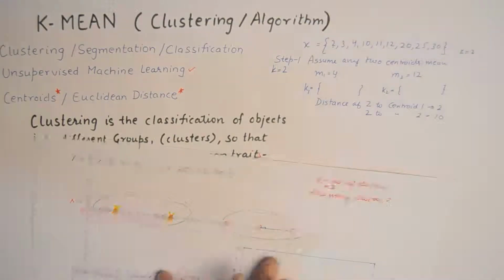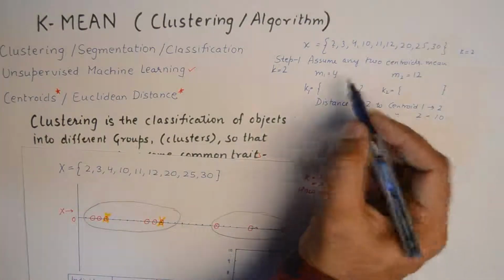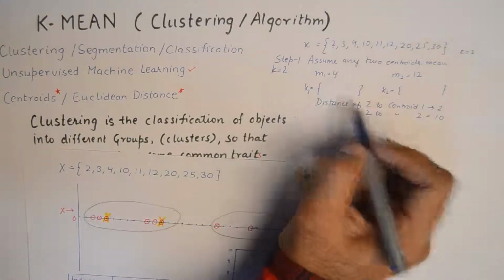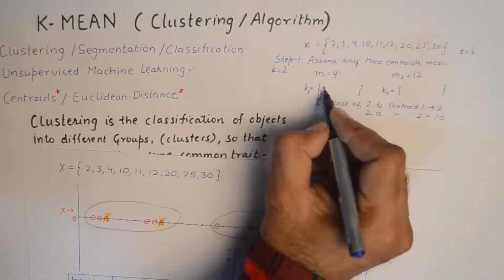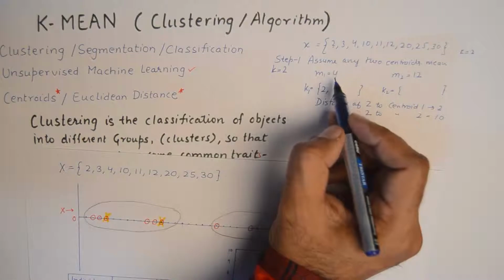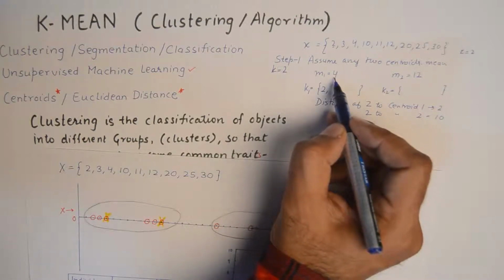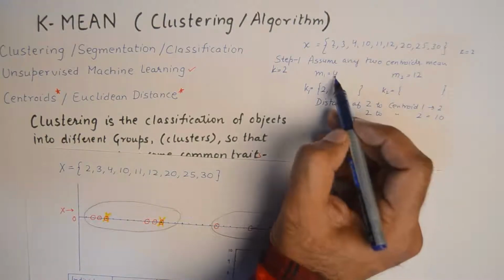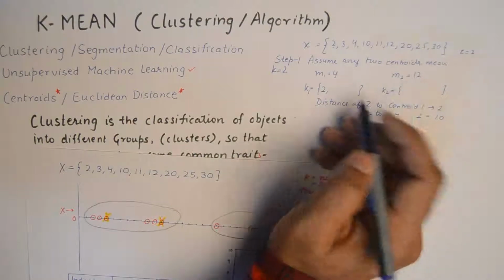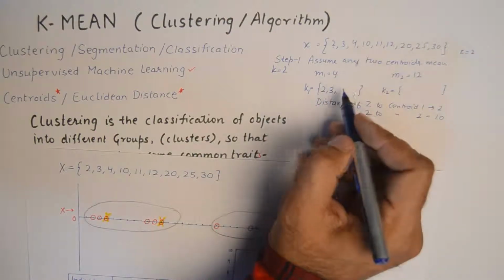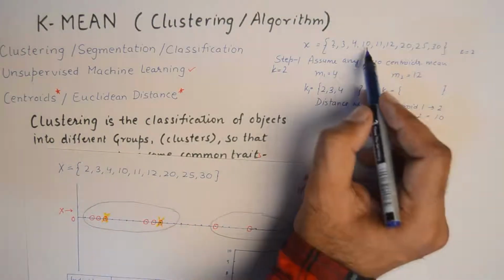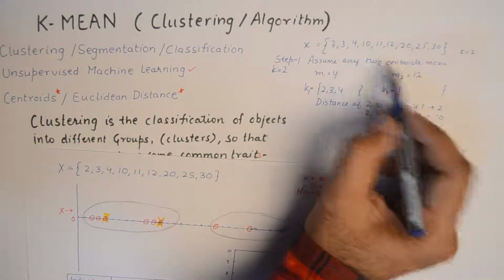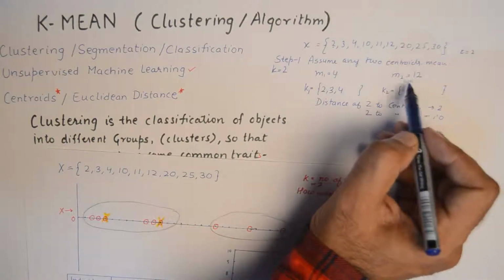It'll go into cluster 1, because the distance of 2 from centroid 1 is smaller than the distance of 2 from centroid 2. So 2 goes here because its distance is small when we consider centroid 1, which is 4, and 3 is closer to 4 than to 12, so 3 goes here. 4 is closer to 4, the distance is 0, so 4 goes here. Now 10 is closer to 12, the distance is just 2 away from this centroid.